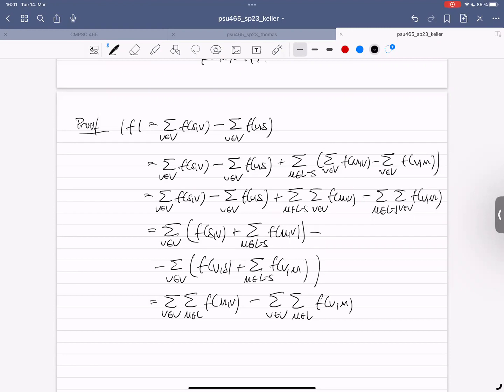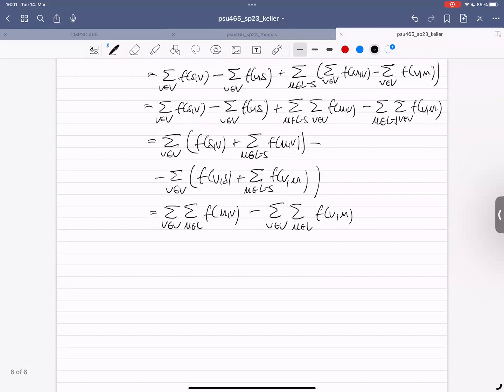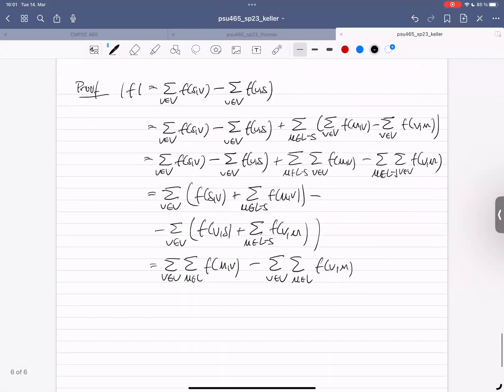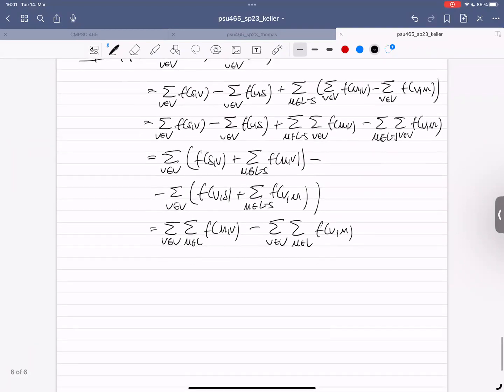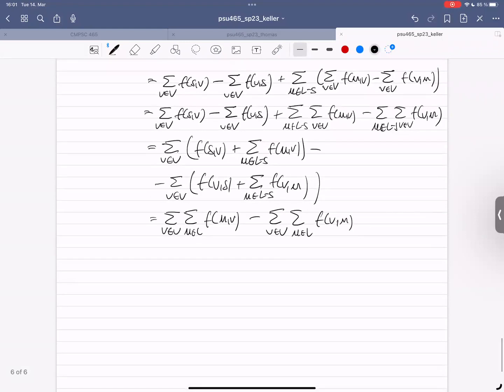Okay, now we're almost there. Two more steps. Now we have these sums over all vertices V, and we have this partition into L and R, and that's what I'm using now. I'm writing the same thing twice, once for L and once for R, and you will see in a minute why I do that.